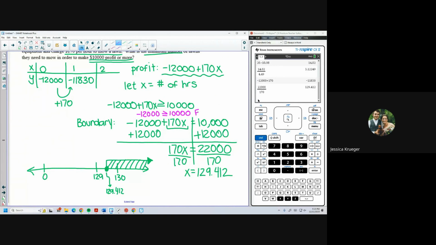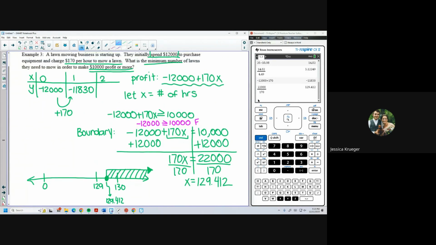Now the question is, what is the minimum number of lawns they need to mow? This actually should say this. I'll fix this. The minimum number of hours, and we'll say whole hours, they need to work in order to make $10,000 profit.